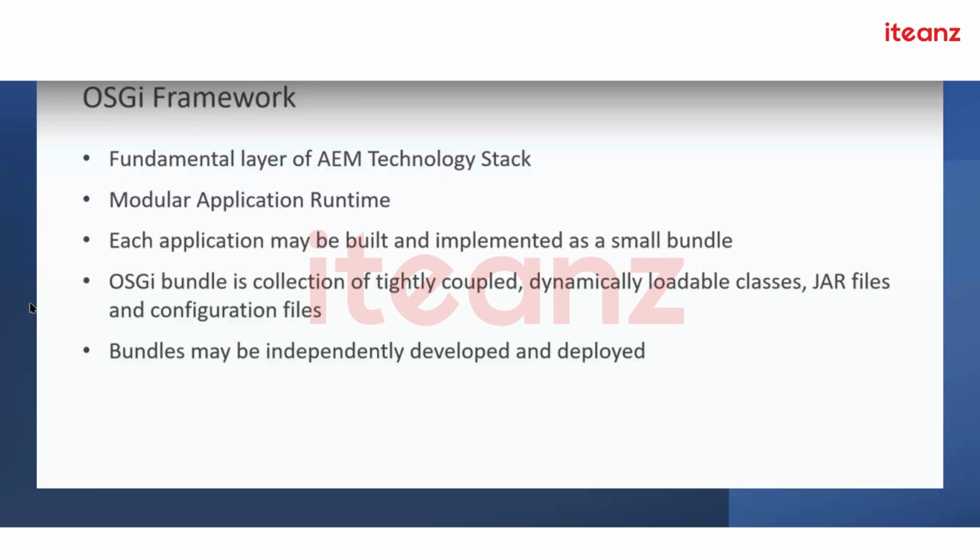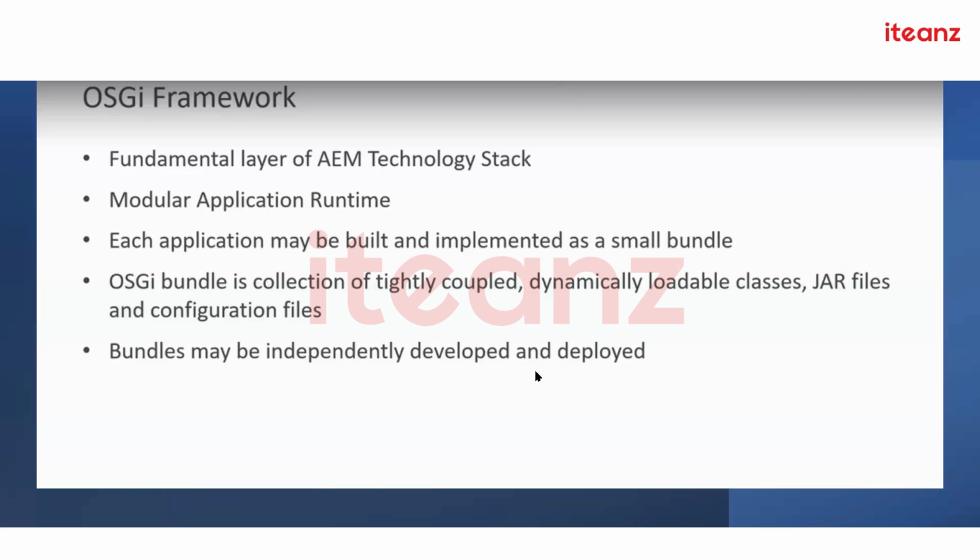An OSGi bundle is also a collection of tightly coupled, dynamically loadable classes. It's a jar file with some extra information or extra files, such as what we are importing, what we are exporting, and the configuration we are adding. All our code base is packaged as an OSGi bundle.